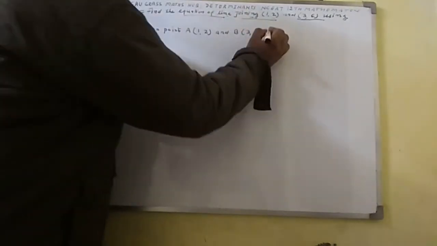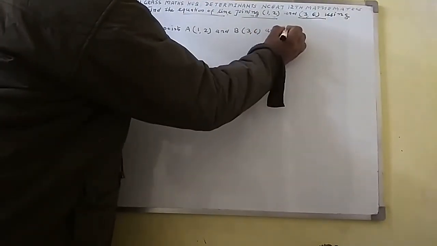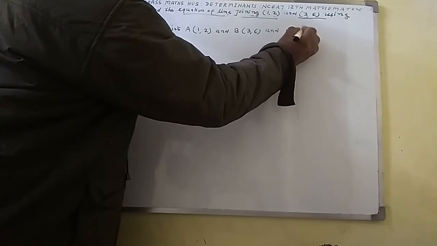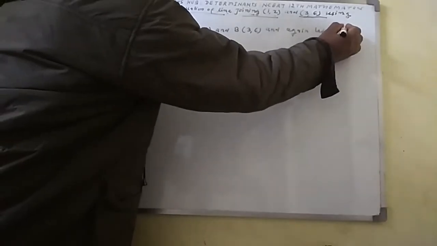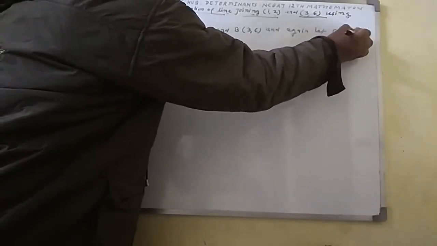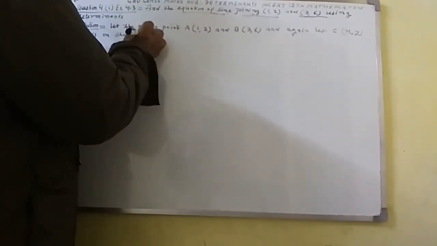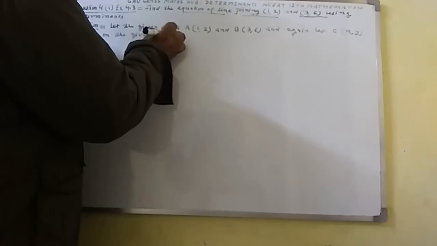And again, let point C, whose coordinates are (x, y), lie on the given line.